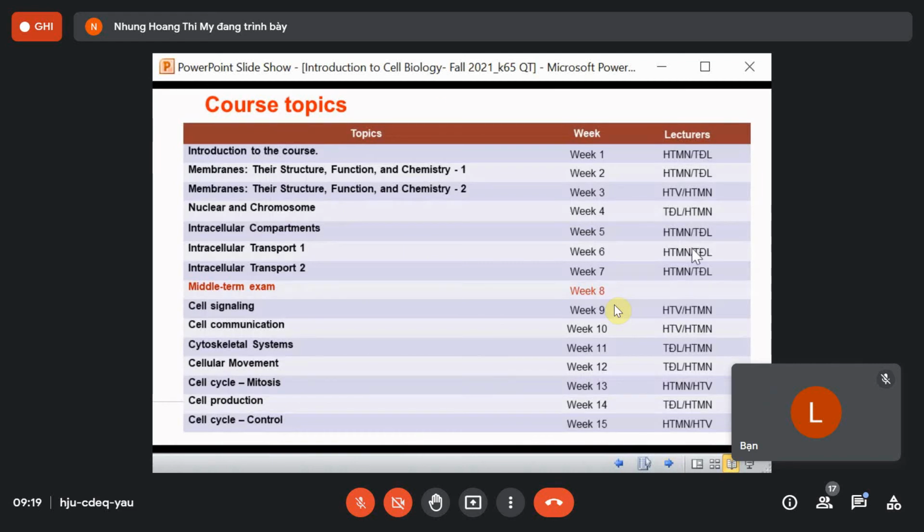For the course topics, we have 15 weeks in this semester, and each week corresponds to a different topic as I listed here. This column is about the topic for each week, this column corresponds to the week, and this column is about the lecturer who is responsible for each topic during the class.